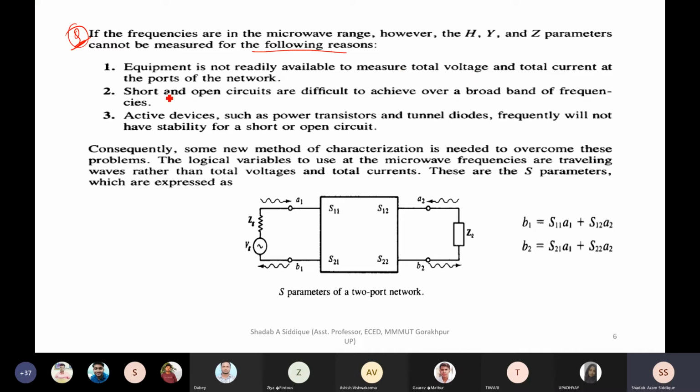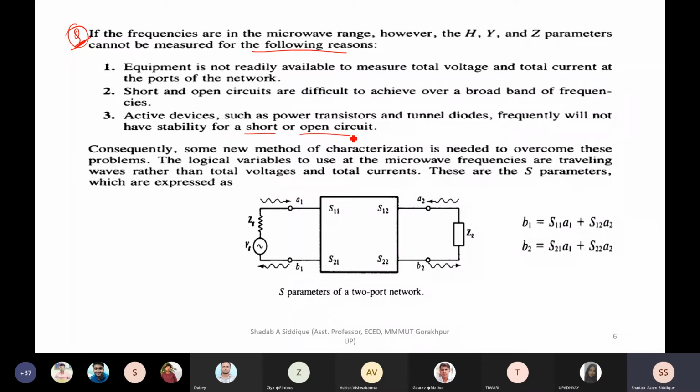Also, short or open circuits are difficult to achieve over broadband frequencies, and active devices become unstable. Active devices such as the power transistor and tunnel diode will not have stability with a short or open circuit.